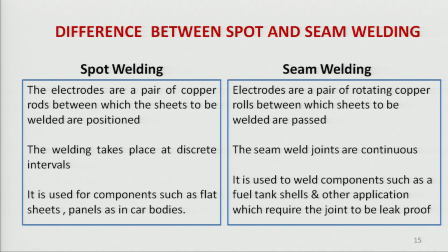The electrodes in spot welding are a pair of copper rods between which the sheets to be welded are positioned. In seam welding, the electrodes are a pair of rotating copper rolls between which the sheets to be welded are passed. In spot welding, the weld takes place at discrete intervals. The seam weld joints are continuous. So, these are the major differences between spot welding and seam welding.